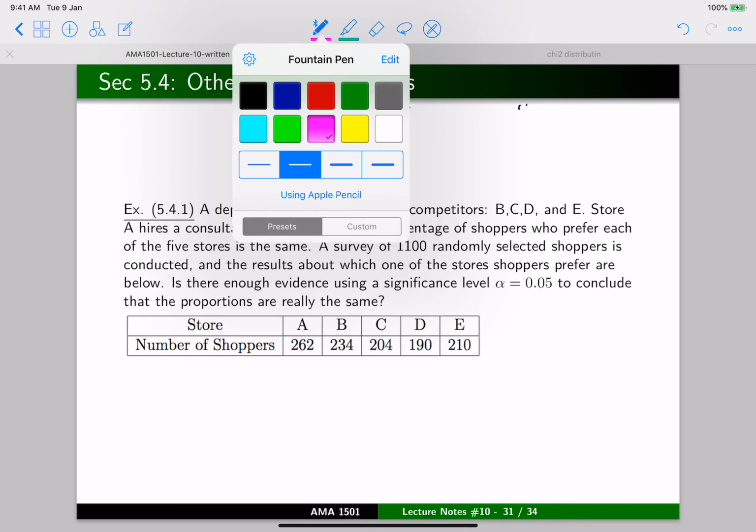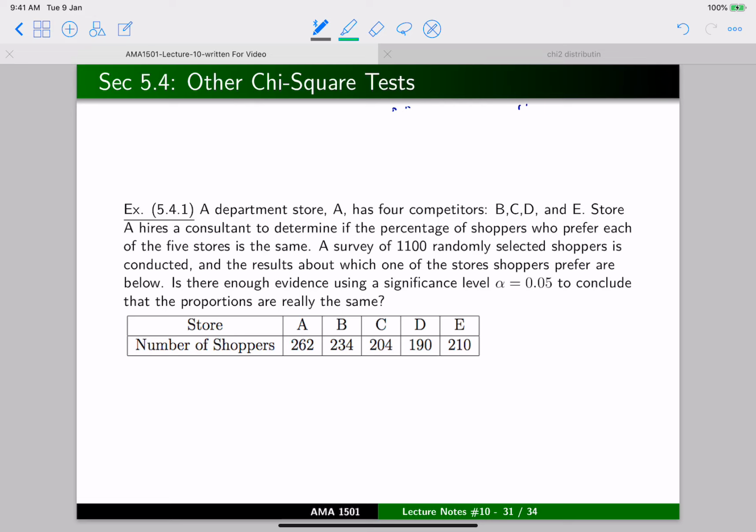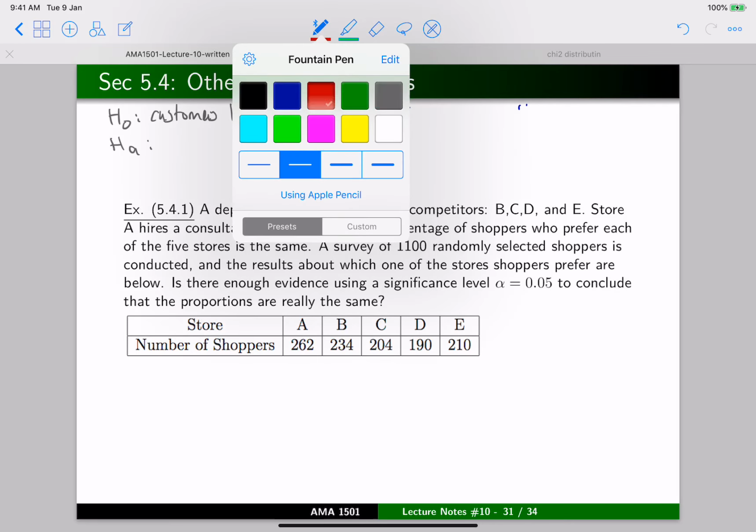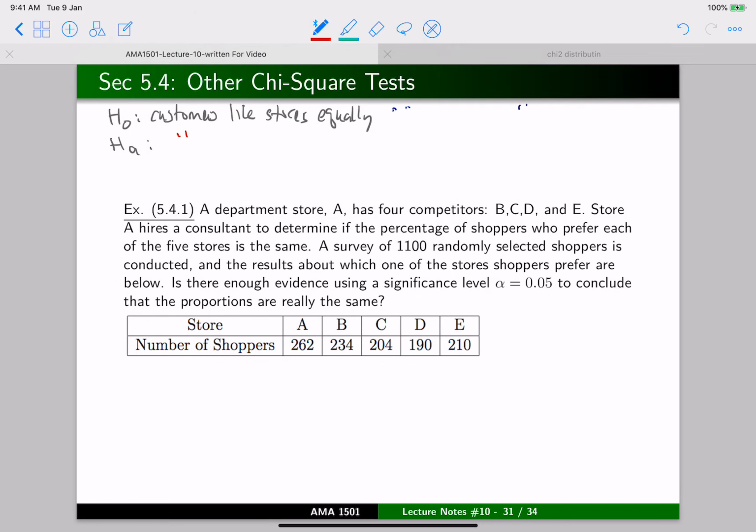Okay, so here our null hypothesis is customers like stores equally. And then our alternative hypothesis is customers like stores unequally.